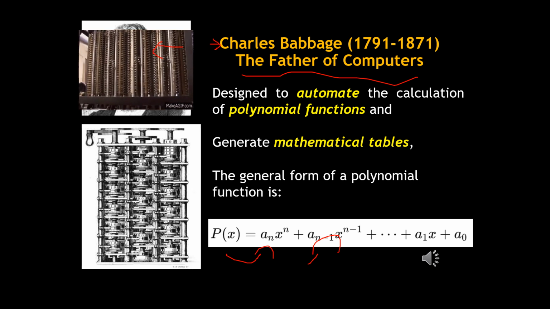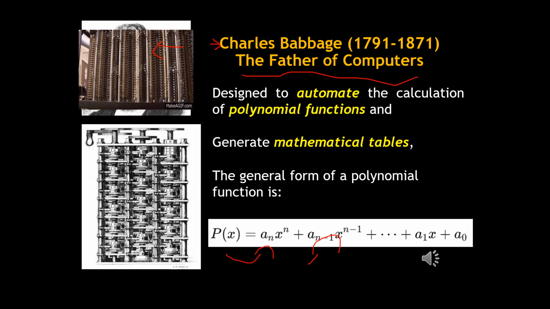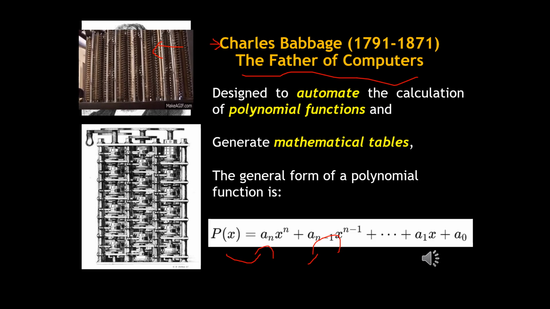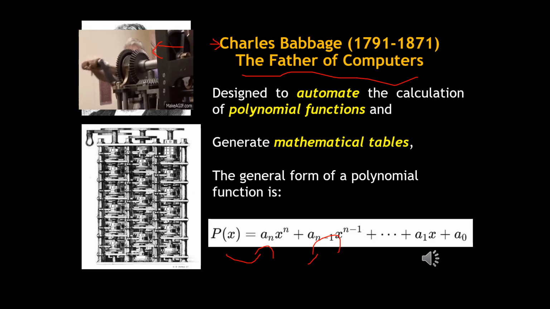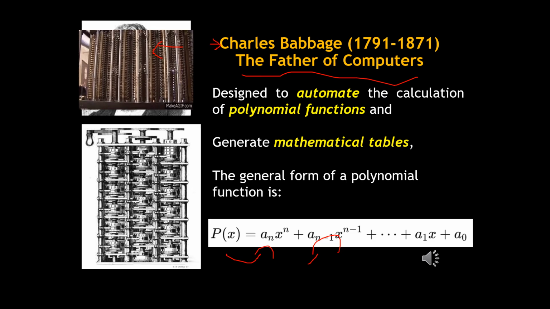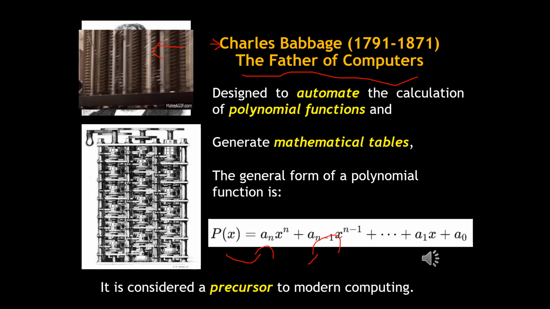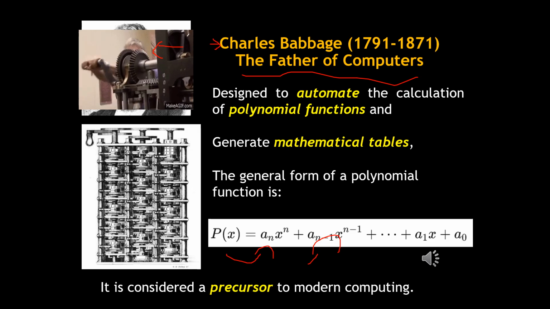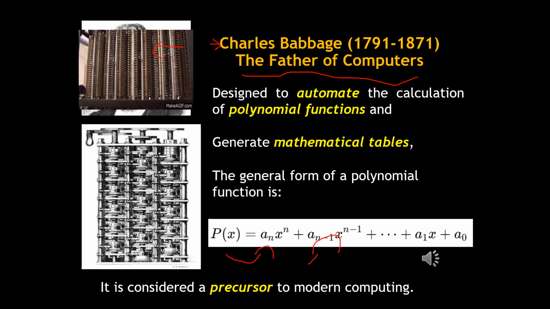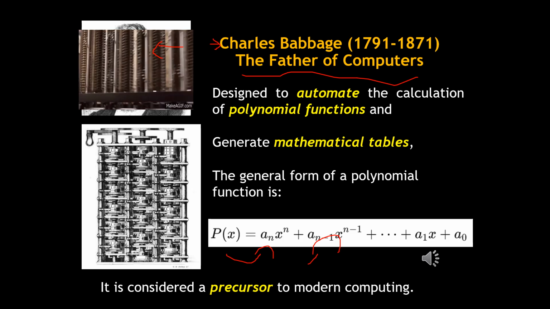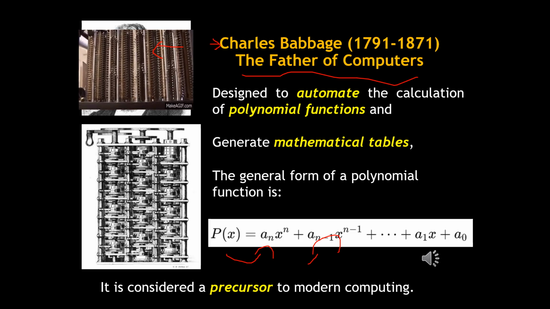Okay, so I know that it sounds a little bit technical, but I just want you to know that this is what artificial intelligence will also do. It will play with these polynomial functions in many cases. And remember, it was considered the precursor of the modern computer. I'm just going to summarize a lot of this information. This is called the difference engine.